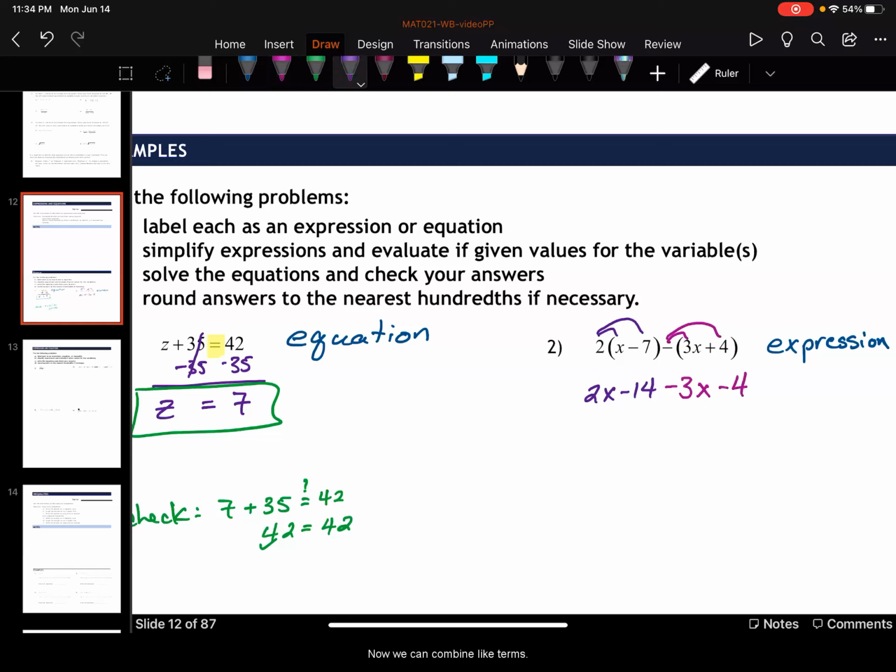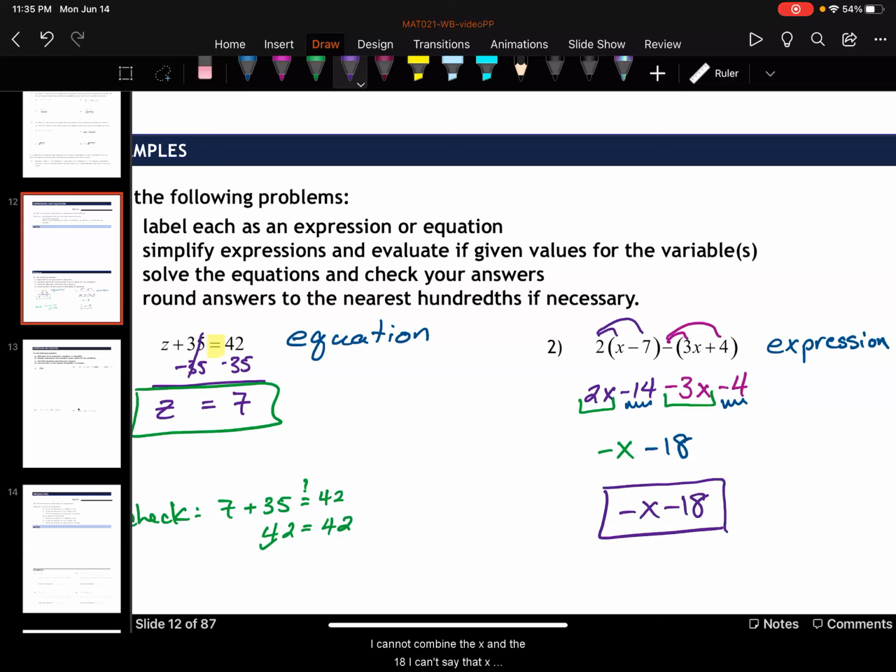Now we can combine like terms. 2x and a minus 3x will give me a negative x. And then negative 14 and negative 4 would be negative 18. So my final answer, my simplified answer for this will be negative x minus 18.